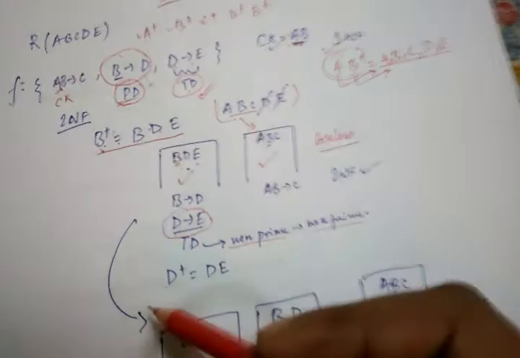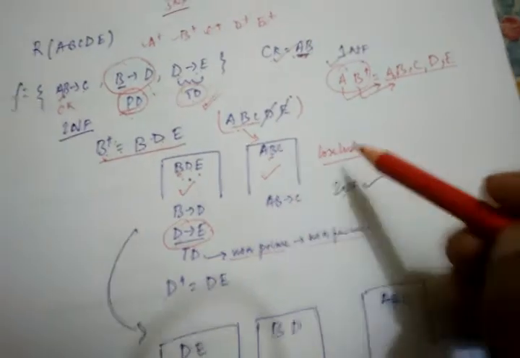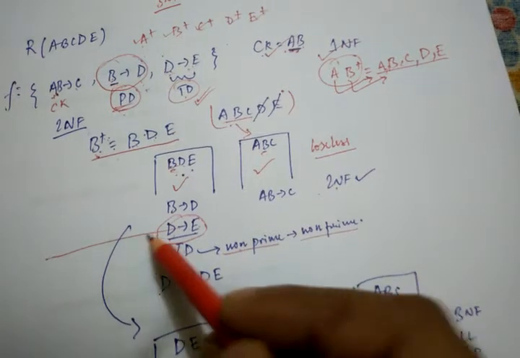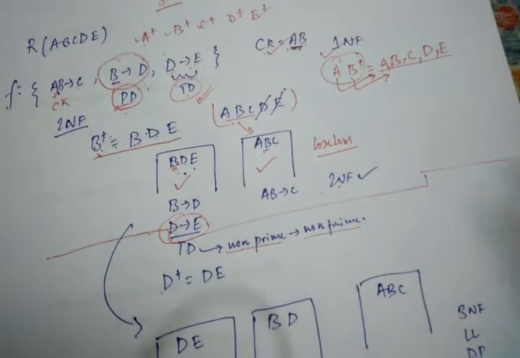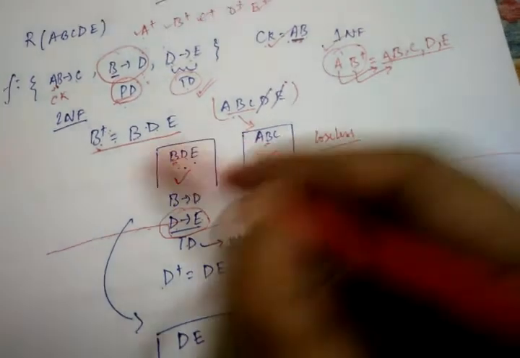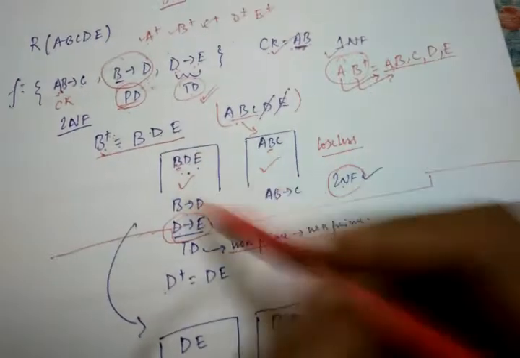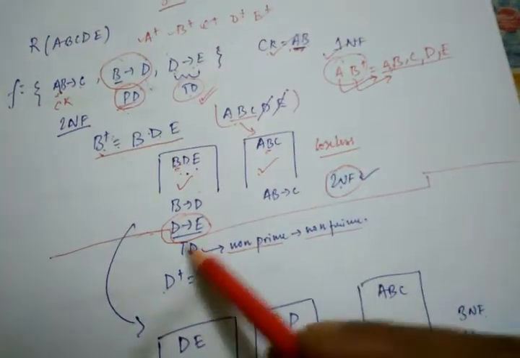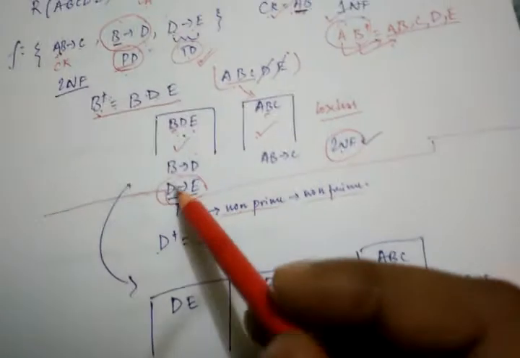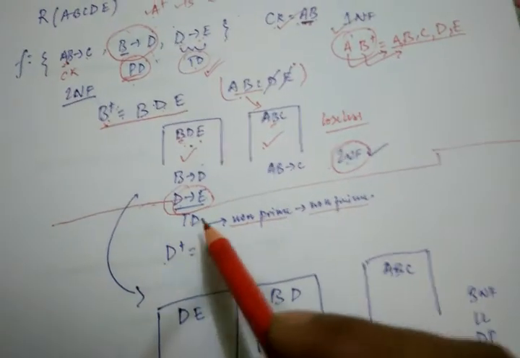Now we are moving toward our third normal form. Up to this point we are clear about second normal form, as we got our second normal form tables. Now we are moving to third normal form, where we have to find the transitive dependencies.